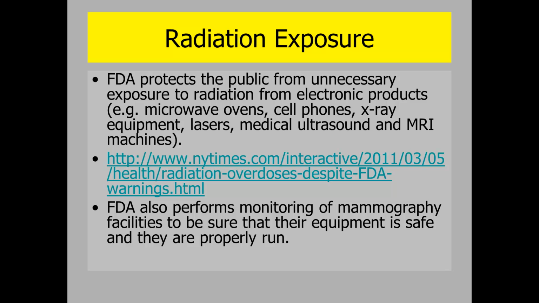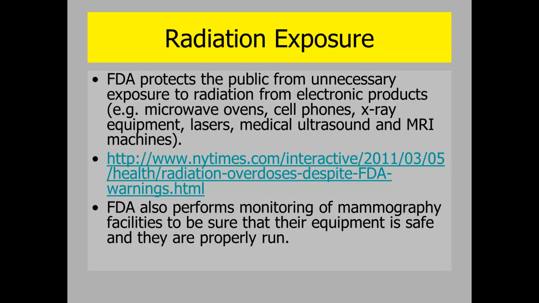So I have a link here to an article about our local hospital where the FDA had an investigation because they had overridden the controls and were irradiating patients. They were trying to do images of the brains of people who'd had a stroke, and in order to get a better image, they'd up the amount of radiation that they were using.